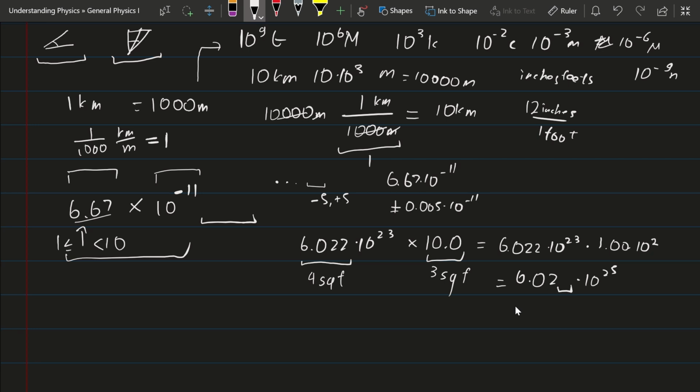So, how do you know the precision? Well, for multiplication and division, you only need to focus on the least number of significant figures. Here, it is 3. Let's say if you do a multiplication or division with a 2 significant figure number, that means that the result will have 2 significant figures.